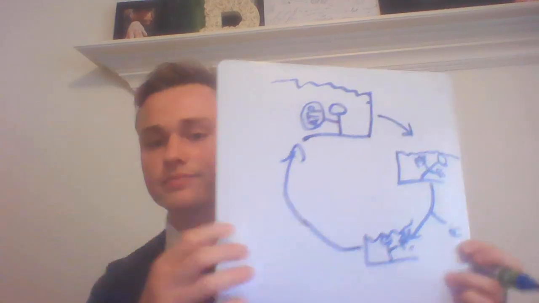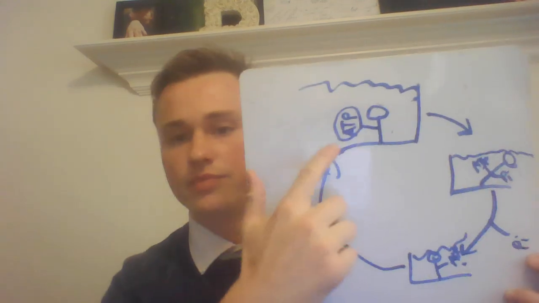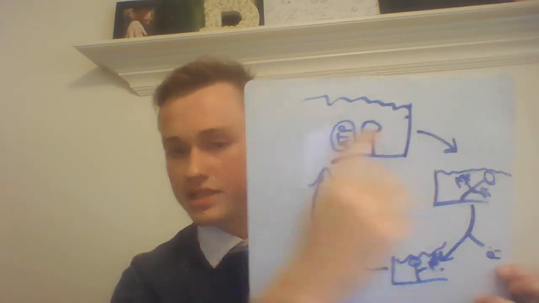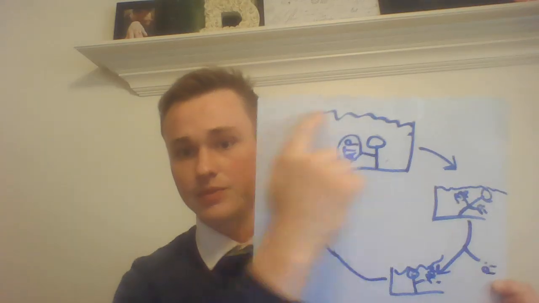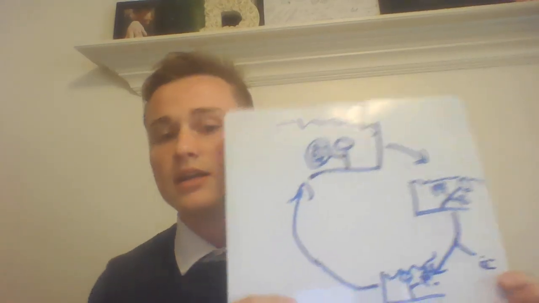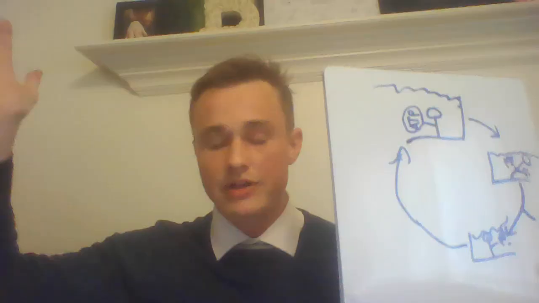And once we do that, that will cause the myosin to let go of the actin, and then we're able to do it all over again. And that is how skeletal muscle contraction works from beginning to end.